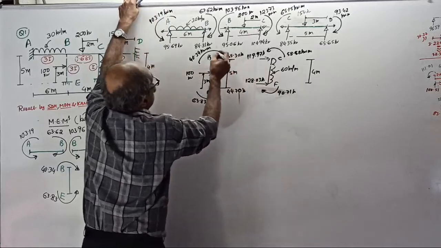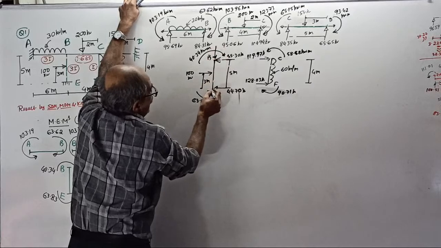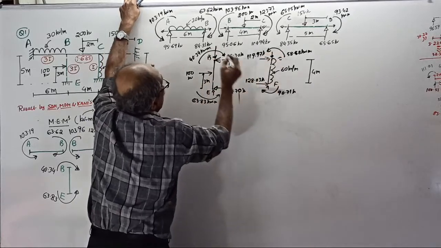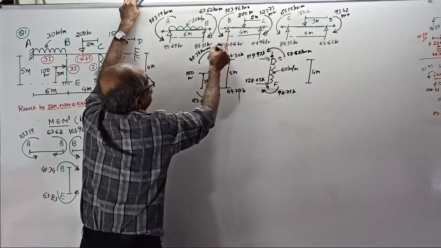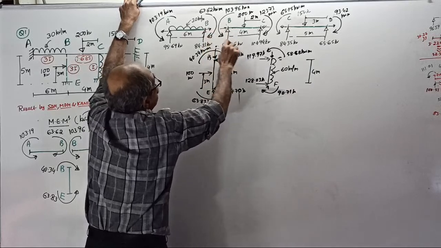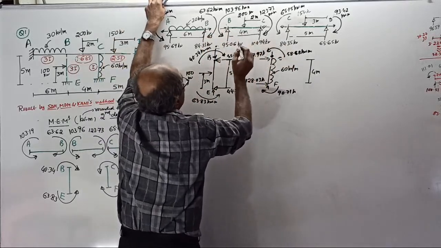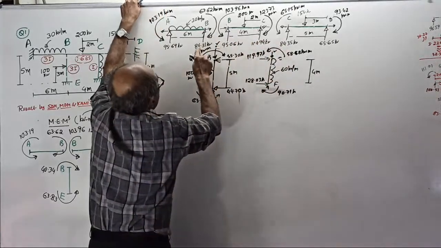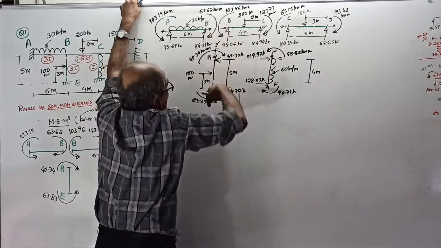And if you want, there is a vertical reaction here and a vertical reaction here. Remember, those who are interested, this reaction is the sum of these two. You write yourself only. See, 84.31 plus 95.06 is this reaction.